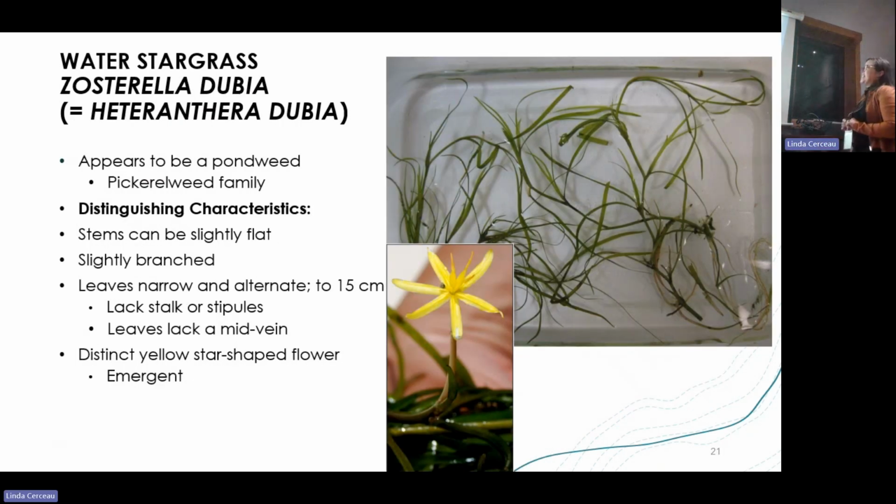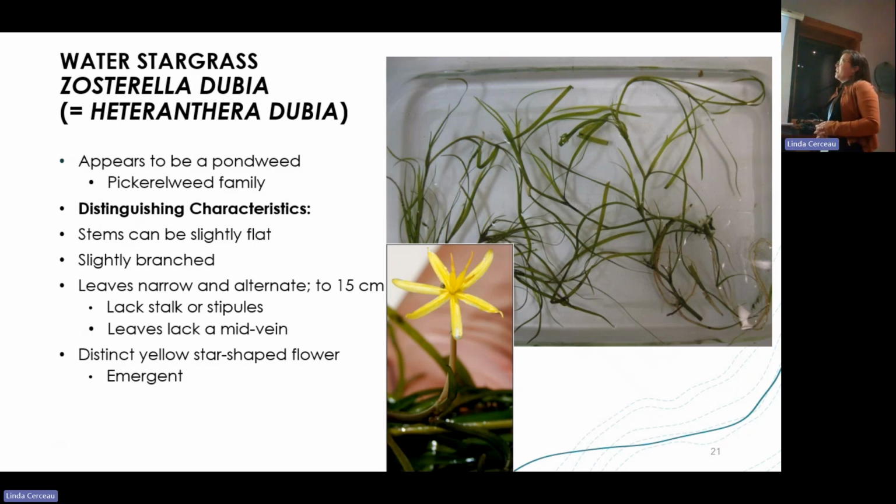Water stargrass looks kind of similar to wild celery, but is much smaller in comparison as far as leaf measurement-wise, and also by just overall plant length in general. This one again is not a pondweed, but in fact part of the pickerel weed family, which is actually more of an emergent.